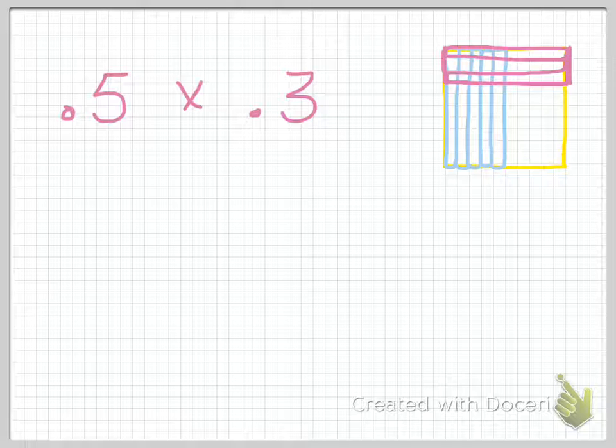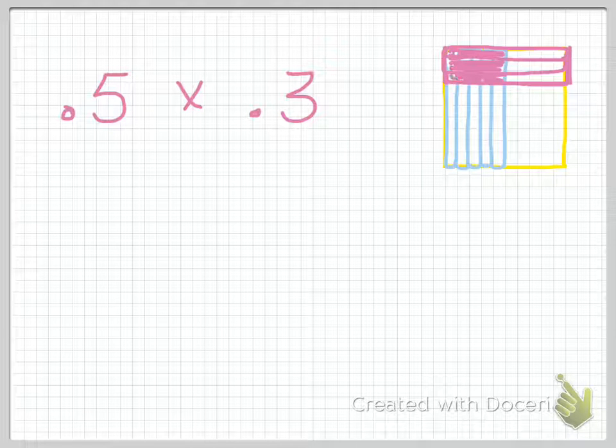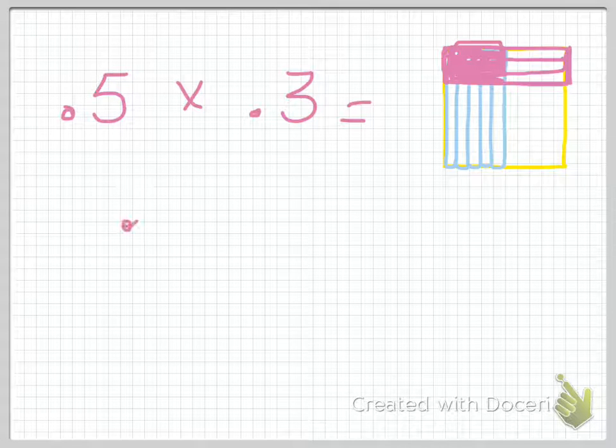So you can count the hundredths, how many little units are overlapping both the 3/10 and the 5/10. There are 1, 2, 3, 4, 5, 6, 7, 8, 9, 10, 11, 12, 13, 14, 15. So 15 hundredths, remember those little units will be called hundredths. It's going to equal 15 hundredths.